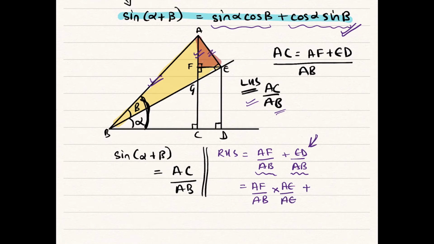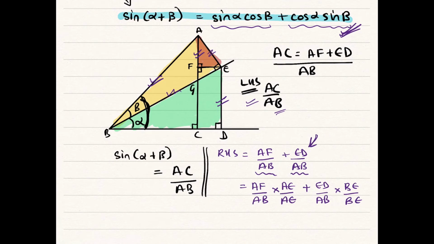I am not changing the equation as such, but I am making changes which allow me to reach the identity instead. I have ED by AB, and I'm concerned about my yellow triangle and this triangle right over here, because I have AB and I have ED, and the common side would be BE, and so I'll multiply and divide this part by BE.